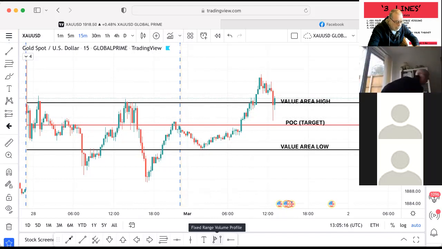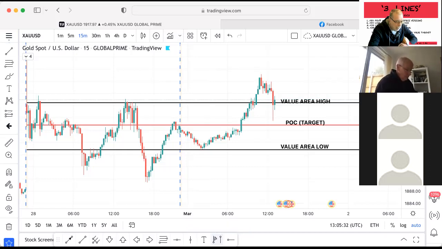We put on the fixed range volume profile, which you can see down at the bottom, which is a tool that you get in the free version of TradingView. It's also available in the paid version, but I'll just show you how we use that one.